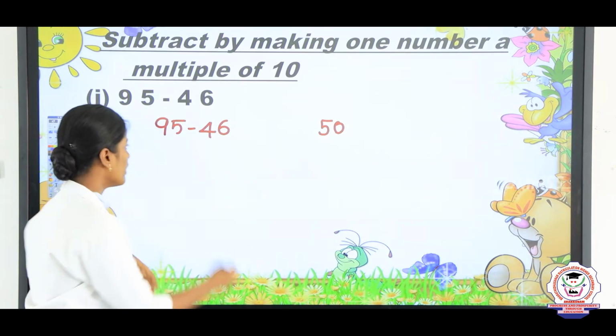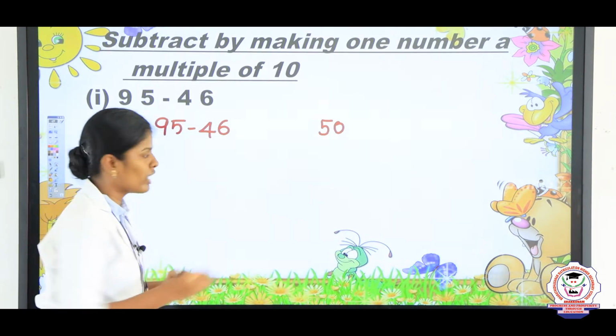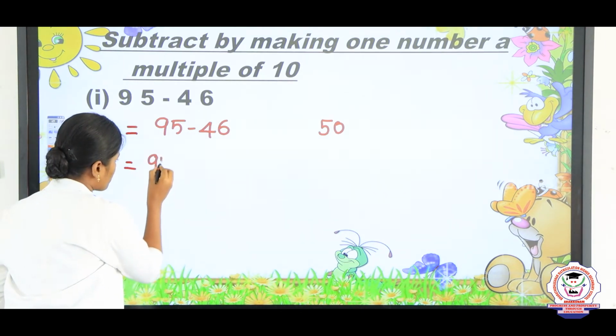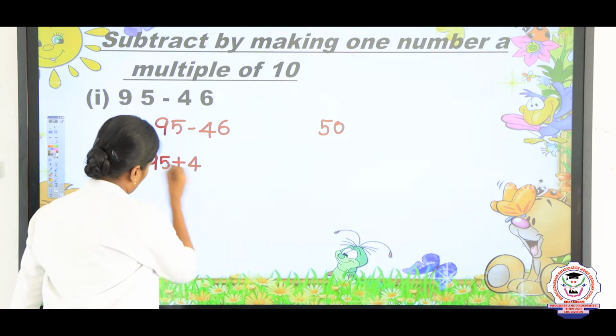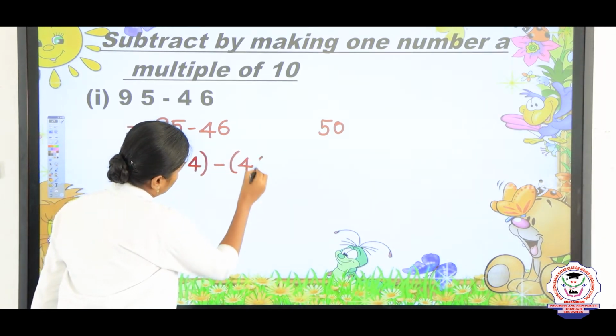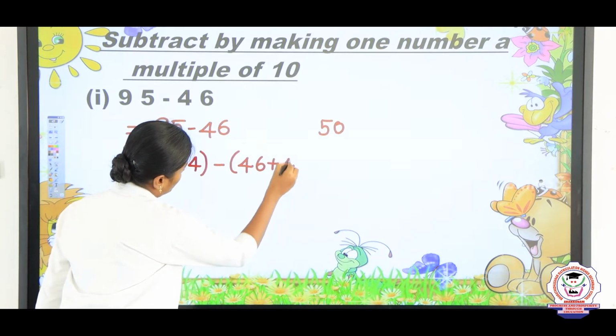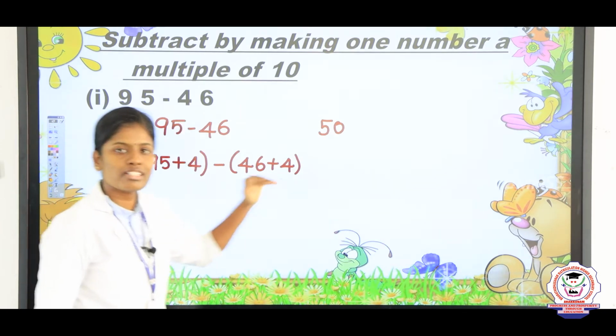So to both 95 and 46 you should add 4. Take 95 plus 4 and then minus 46 plus 4.